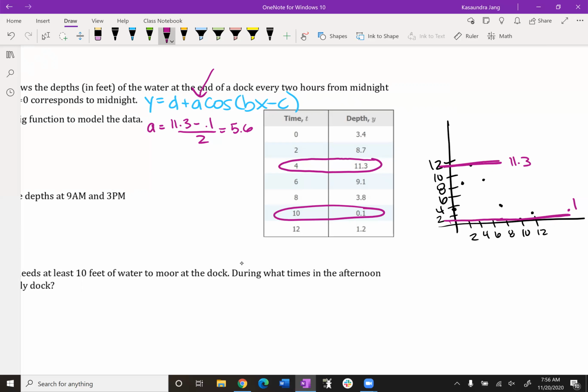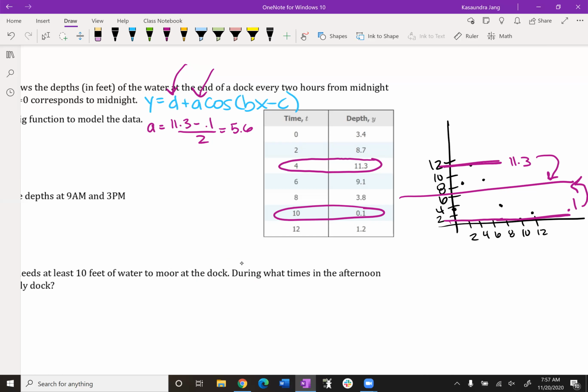I think the D is probably the next easiest thing to find. The D is a vertical shift. Usually my parent function is bouncing around 0, around the x-axis. So let me find what the middle of these is, and that would have to be my D, how far I shifted it up. If the amplitude is 5.6, I can either take the 11.3 and go down by 5.6, or take my 0.1 and add 5.6.